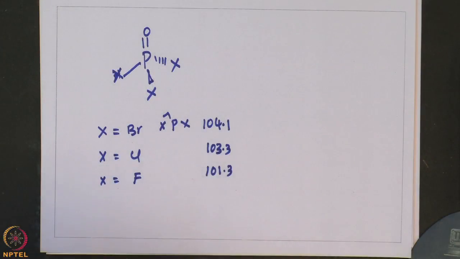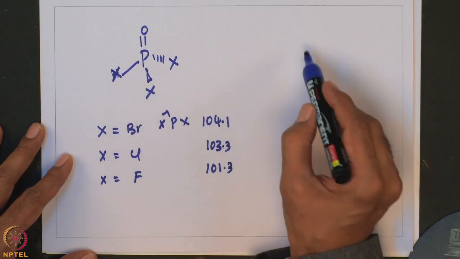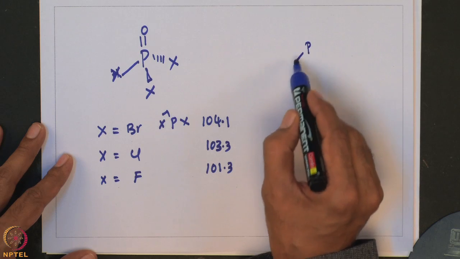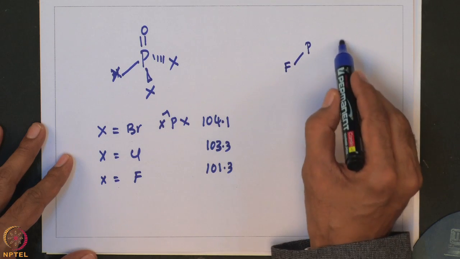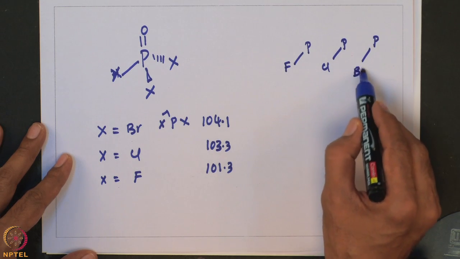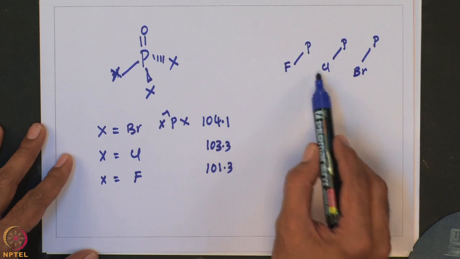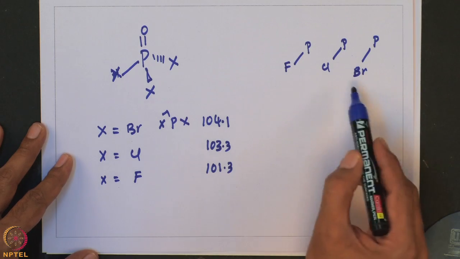Here Bent's rule may not be very precise to explain, but we can explain using the electronegativity difference between P and X here. For example, in case of fluorine, let us take this one here, and let us also consider this chlorine and this bromine. We can see the electronegativity of these atoms, fluorine, chlorine, bromine is decreasing.